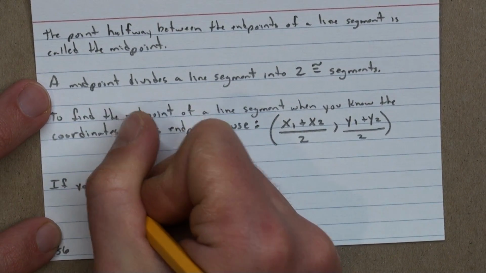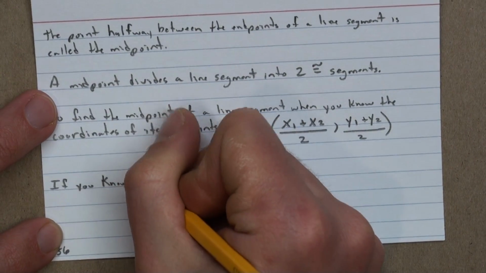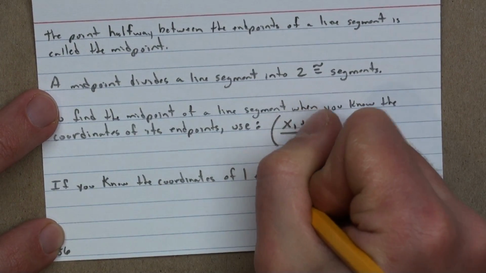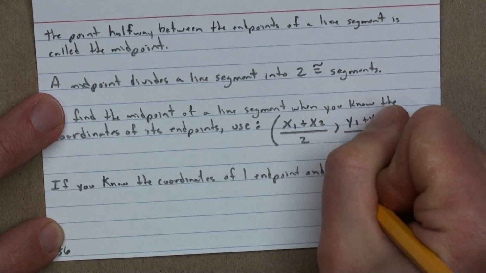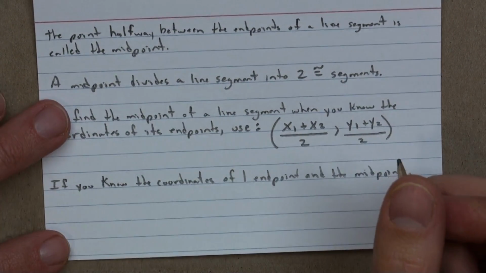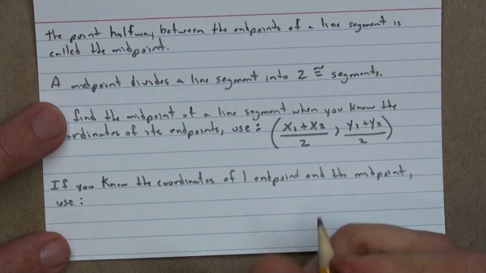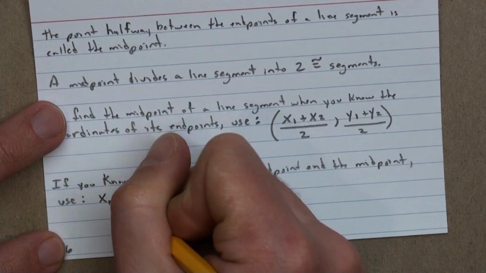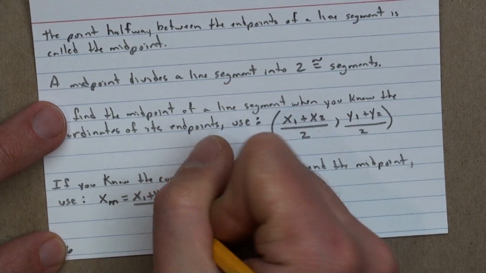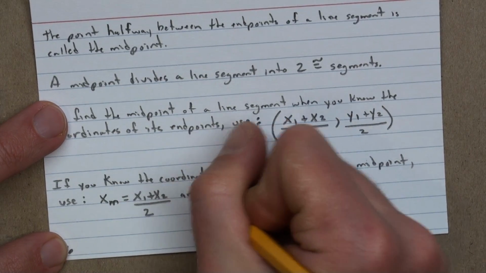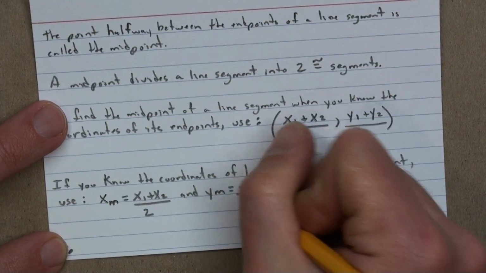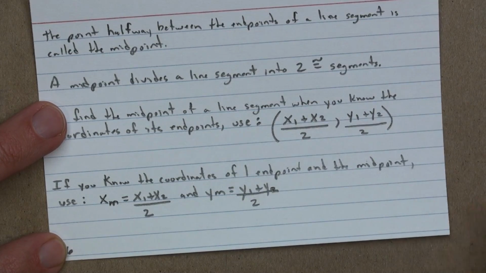If you know the coordinates of one endpoint and the midpoint, use x midpoint, or xm, equals x1 plus x2 over 2 and ym equals y1 plus y2 over 2. Yikes.